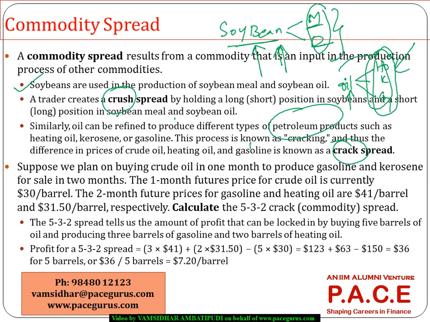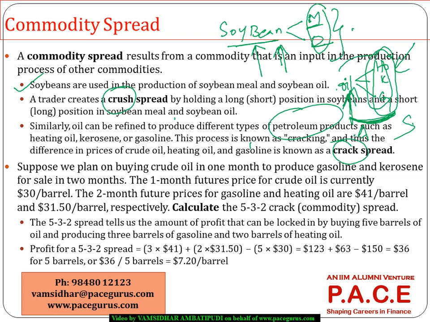Whatever difference I am making by entering into these contracts, I'll enter into a long position on this, and I may even time it. Let's say if I take 1 month to produce kerosene, gasoline and all these things from oil, I will get into, let's say, August oil futures in a long position, and September futures for these in the short position.